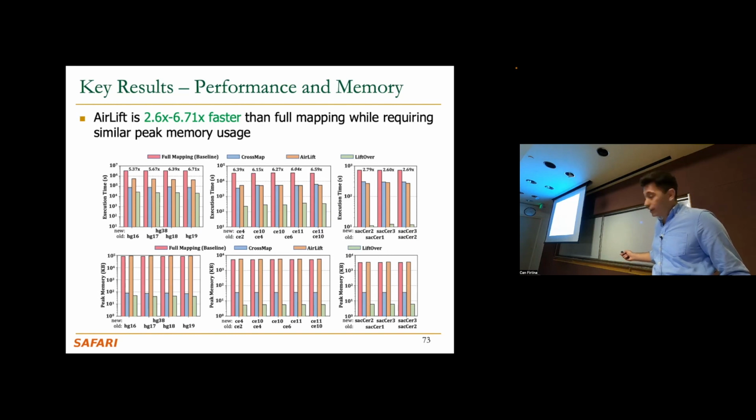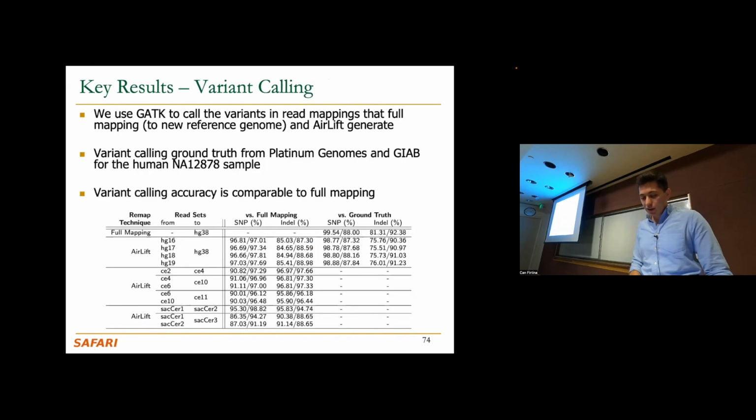LiftOver and CrossMap actually perform better than AirLift because they are doing less computation than AirLift. But AirLift is faster than full mapping, and this comes with the benefits of improved sensitivity.